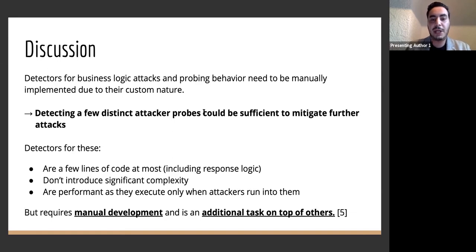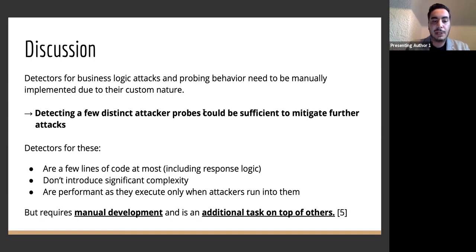And this is where we can, as defenders, catch this noise generated by attackers. And as I said, much of what you could catch when you're looking for probing behavior could also be done by input validation. And this kind of code is not really complex to implement, also from the perspective of lines of code.